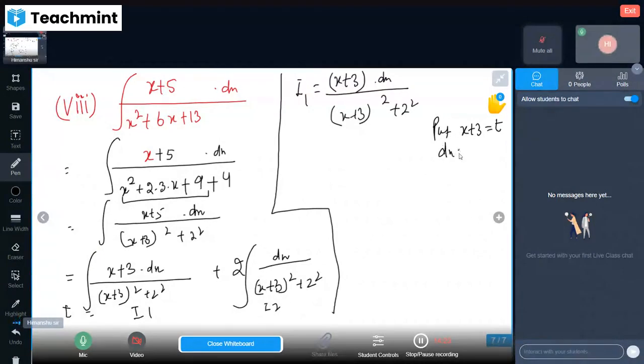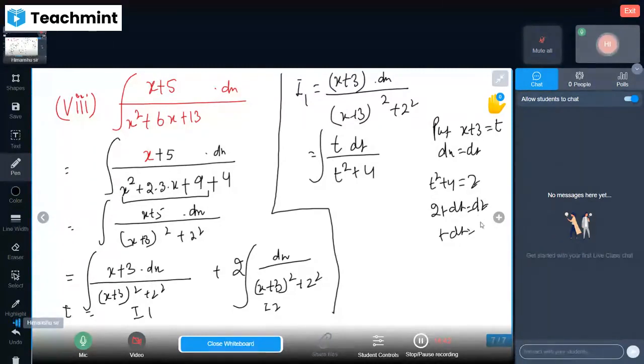So dx is equal to dt, no change, t dt upon t square plus 4. Now again, if t square plus 4 is z, then 2t dt is equal to dz, so t dt is equal to dz by 2. So taking 1 by 2 outside, dz by z becomes 1 by 2 ln z.